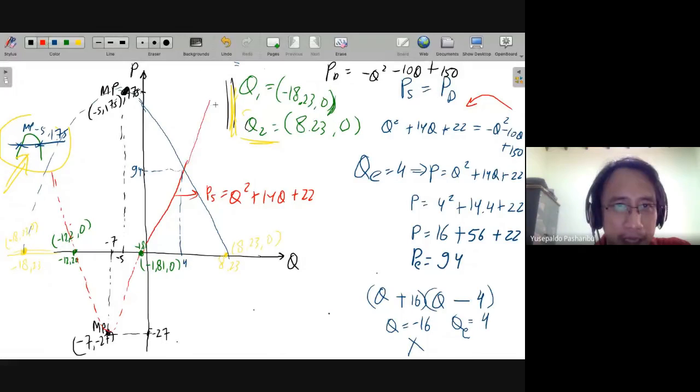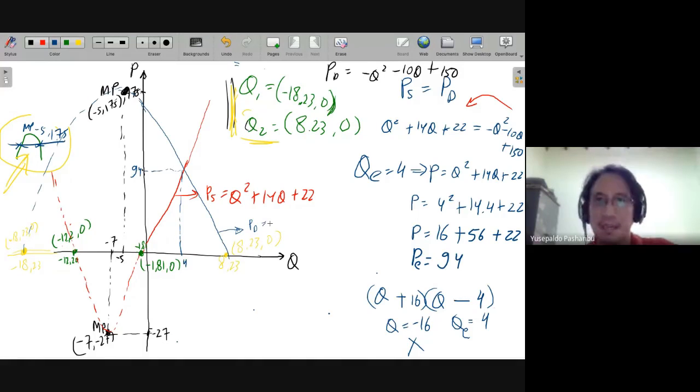This is exactly what I want. Now, this is the PS, and this part I always give its name in detail: minus Q squared minus 10Q plus 150.